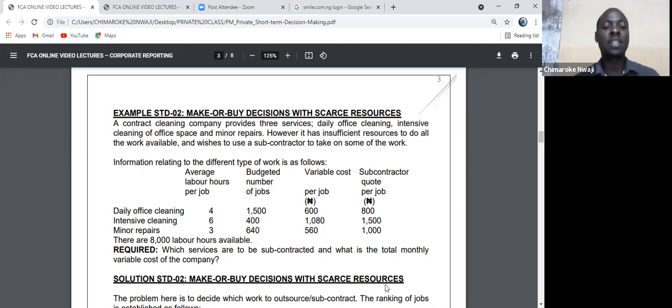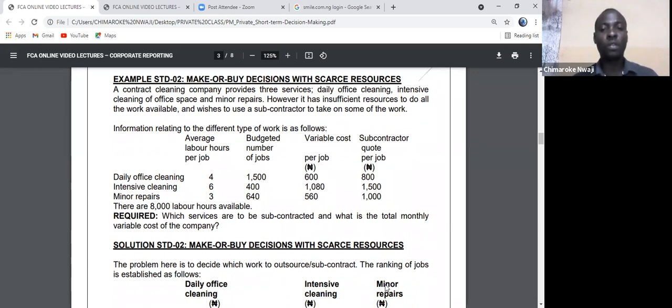What is the technique to know which one to subcontract and which one to do? We said before, the point here is to give out those jobs on which you will spend the least. That's the trick here. Give out those jobs on which you will spend the least, and take on those jobs on which you will save the most. So if you are spending least, it means you'll be saving least.